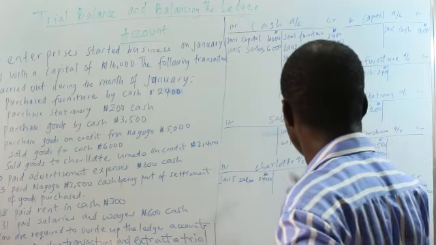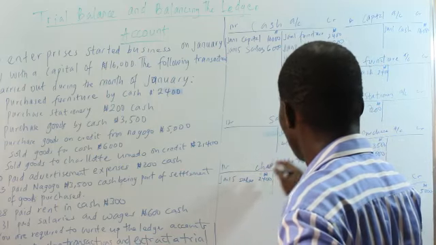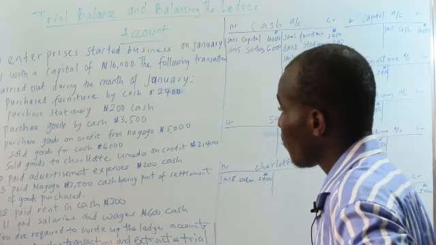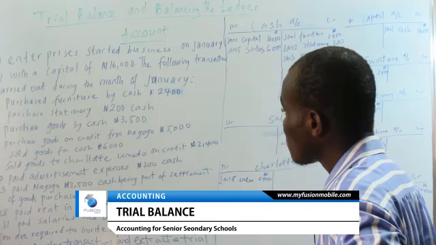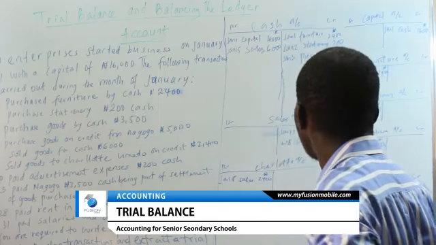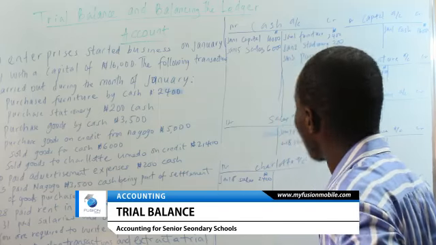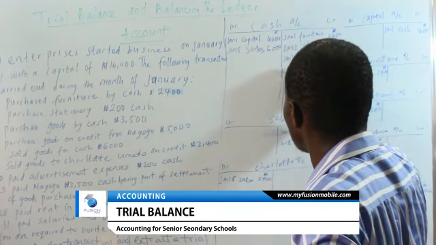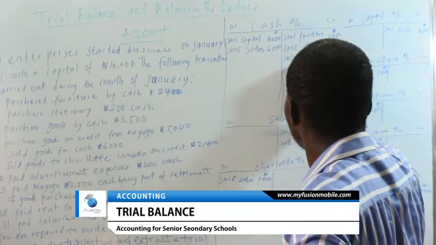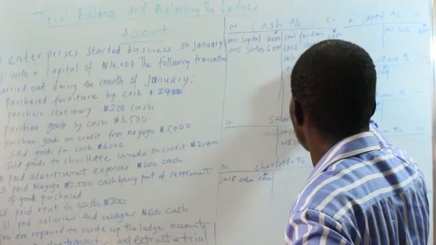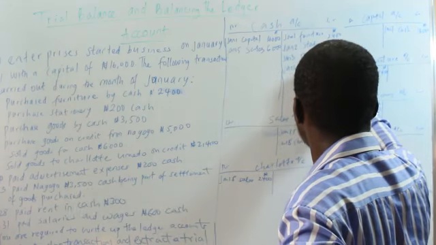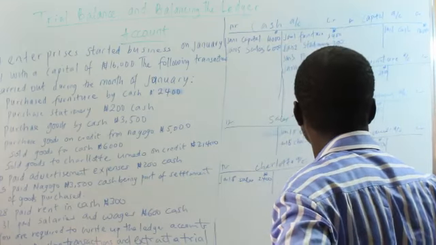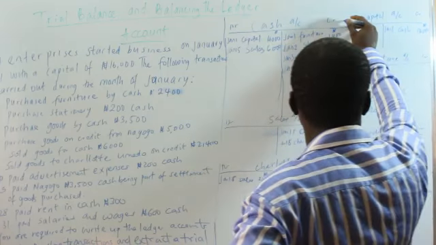Then the next transaction we have is January 20, paid advertisement expenses 200 naira cash. So we debit the advertisement expenses account and credit the cash account. So we have January 20, advertisements 200 naira.